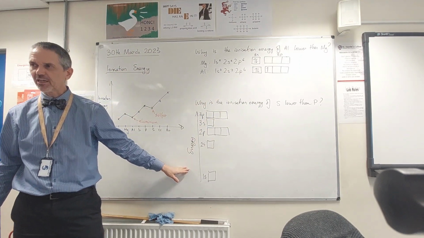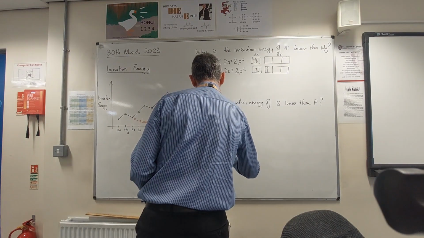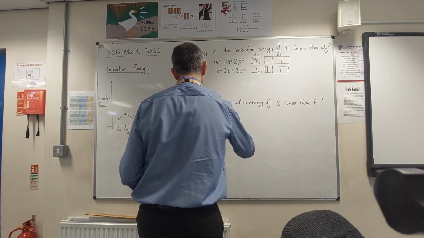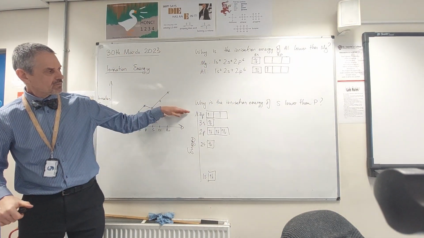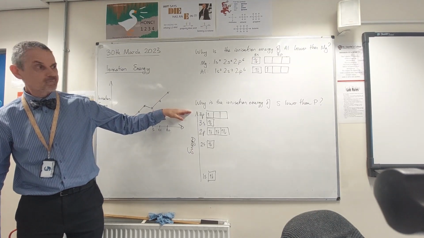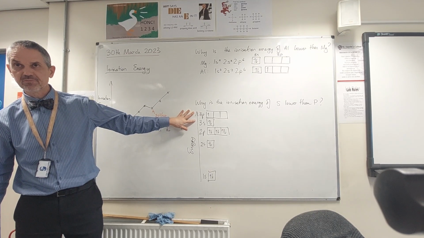Every shell, every subshell has an energy. So when I'm putting in the electrons for any element, we always fill from the bottom up. For aluminium, we've got an electron in the 3p, but the 3p and the 3s aren't at the same energy.